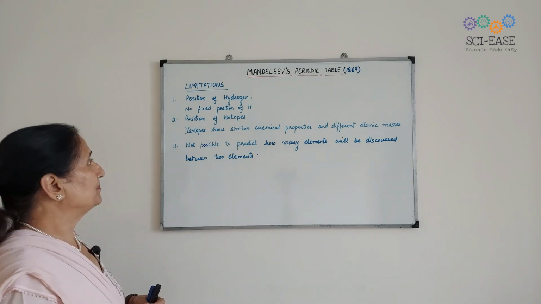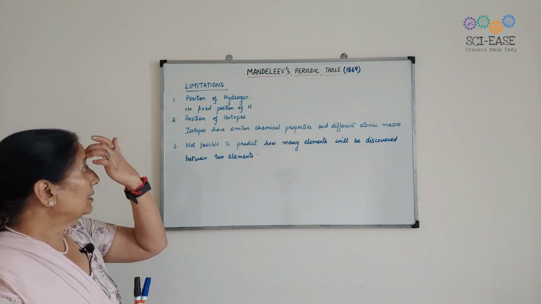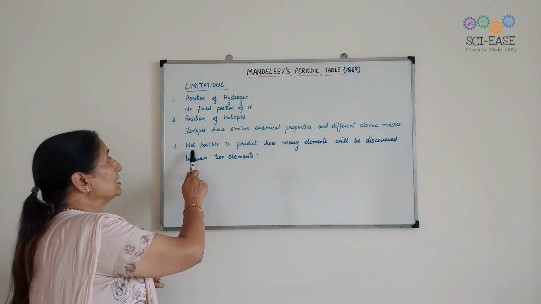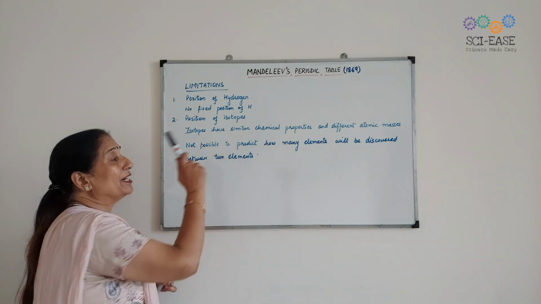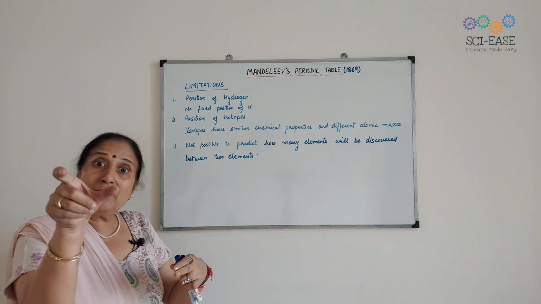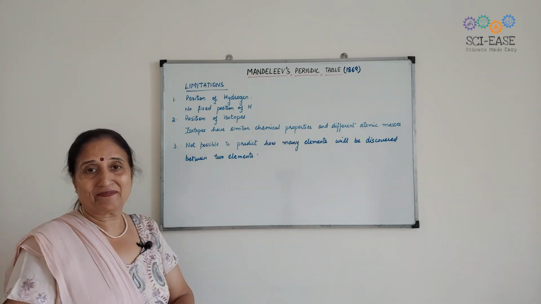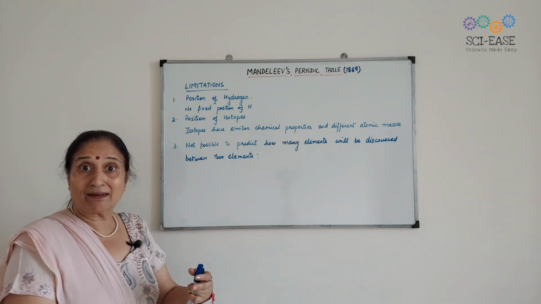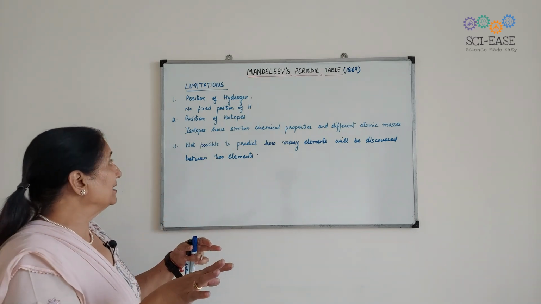Now the third limitation: it is not possible to predict how many elements will be discovered between 2 elements. They may be 2, they may be 1. That was not clear.